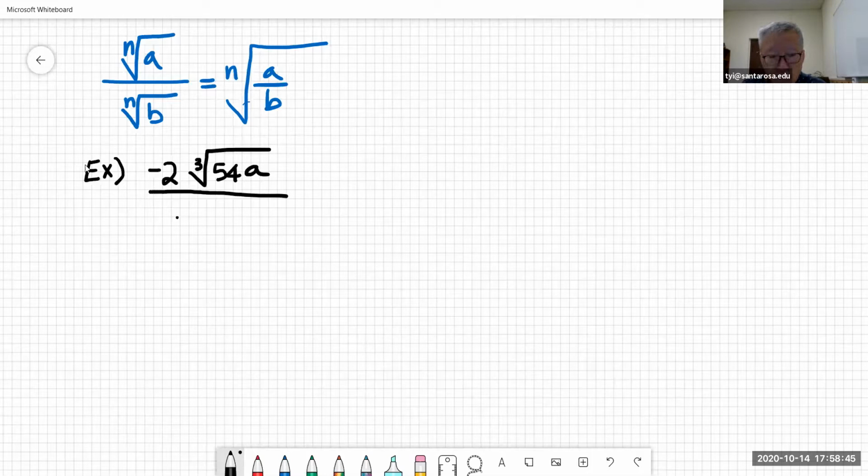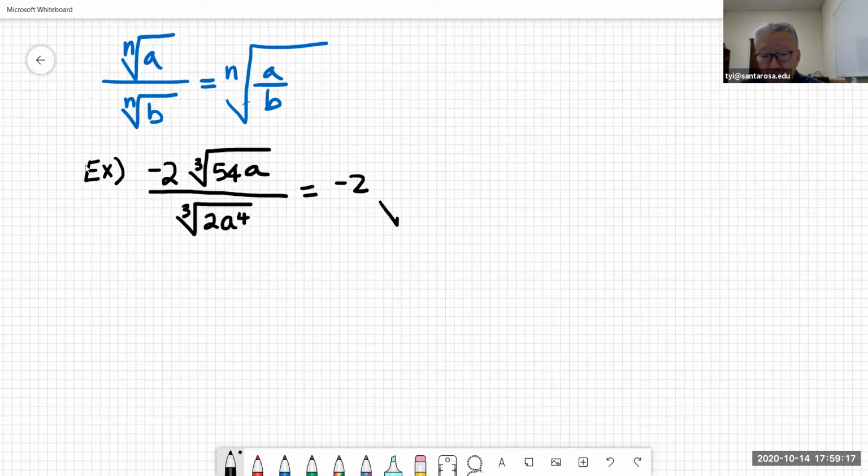Then I have a cube root of 2a to the fourth. So let's say we have a problem like this. The best way here is that you want to combine these, then you simplify them. Okay, so the rule says we can combine the radicals as long as they have the same index. So we can just do that.